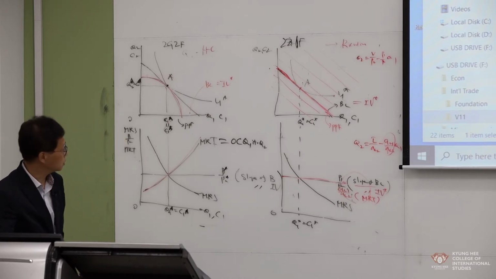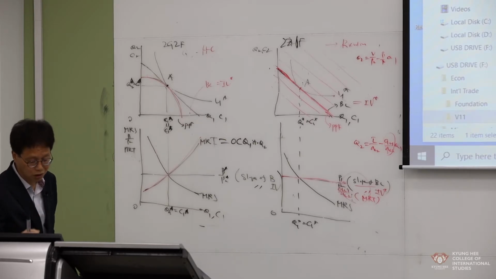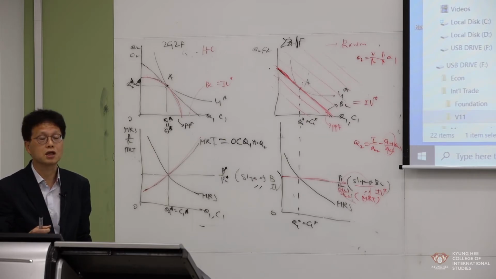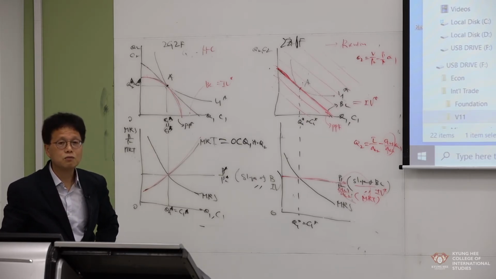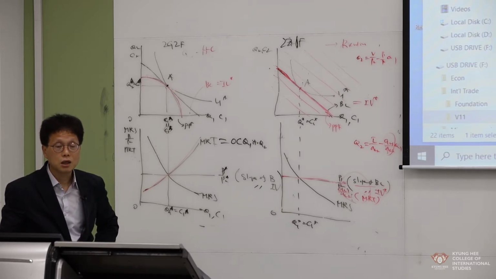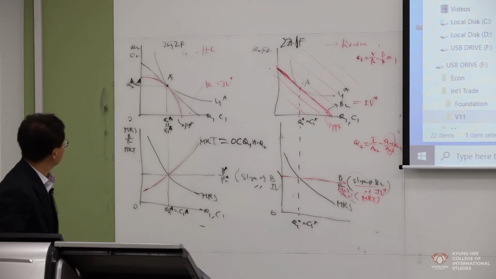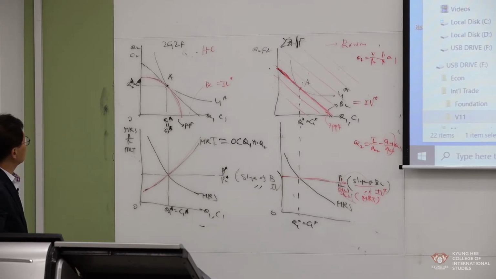After trade, then what happened? Now think about this. Korea, as I said before, has comparative advantage in Q1 in terms of Q2, an advantage in manufacturing. And Australia has comparative advantage in food production. In other words, Australia can produce the same agricultural good at a cheaper cost than Korea, right? And Korea produces the same manufacturing good, Q1, at a cheaper cost than Australia, right? Then what happened after trade?